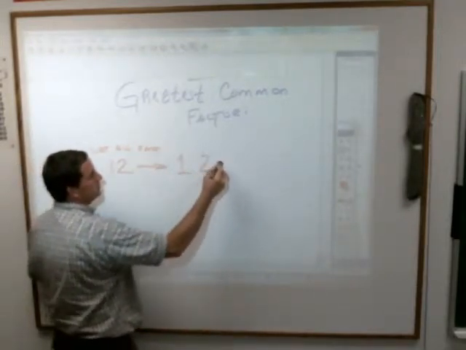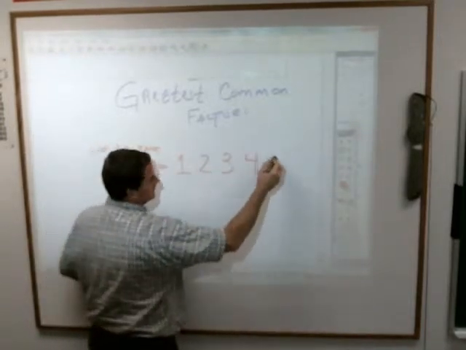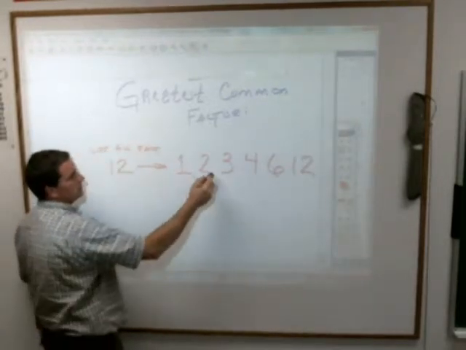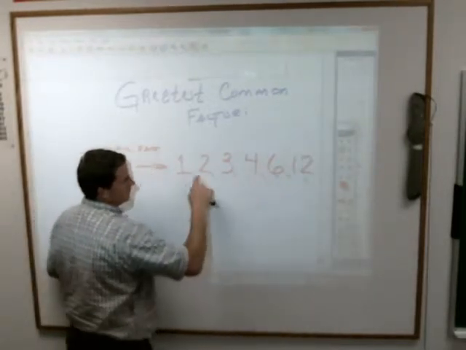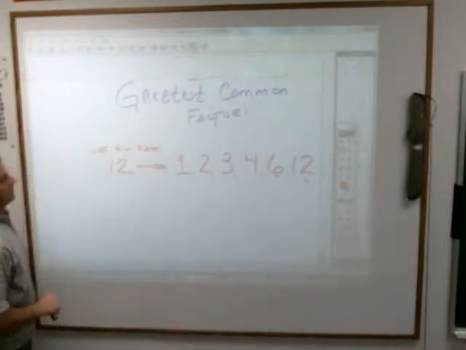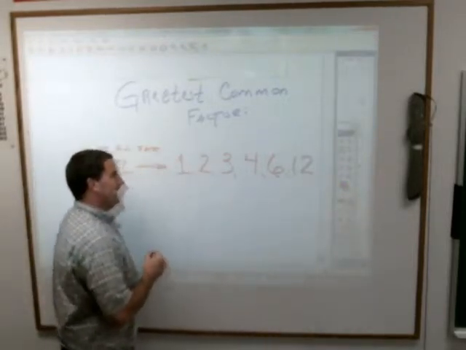1, 2, 3, 4, 6, 12. Okay, again, making sure everybody has this little pair: 1 times 12, 2 times 6, 3 times 4. Now, what if I asked you to list all factors of 18?